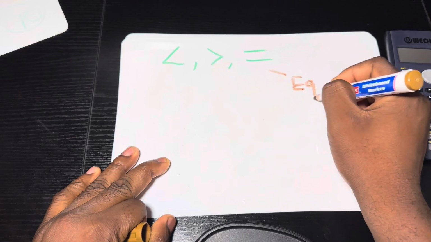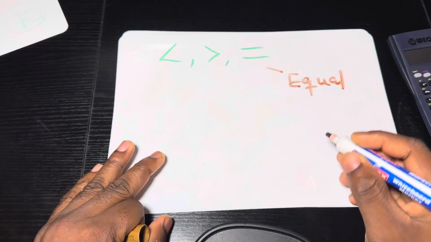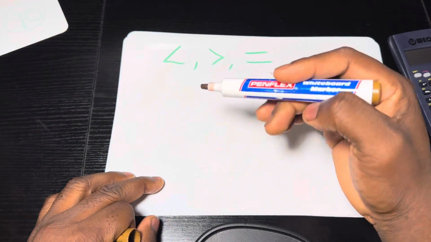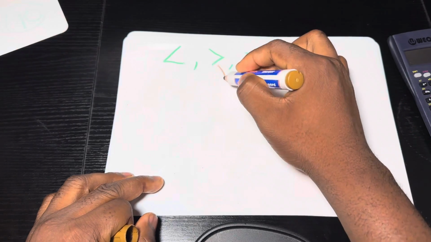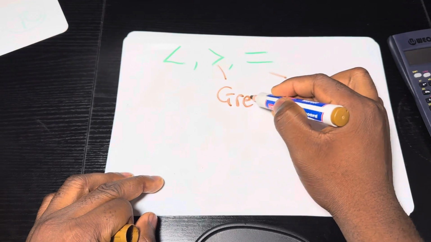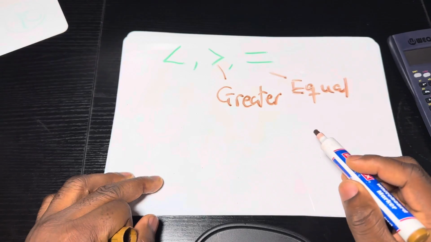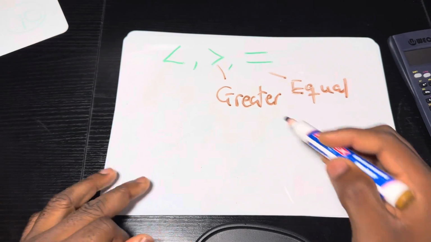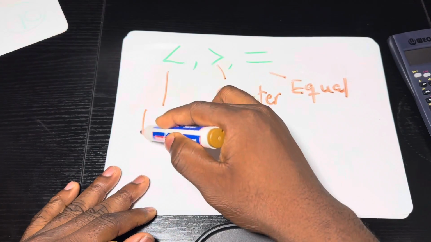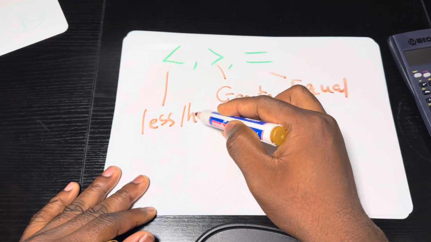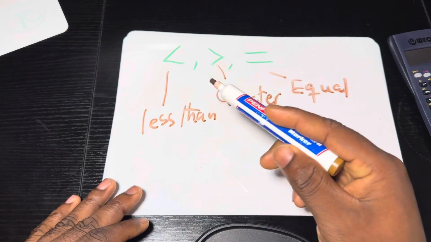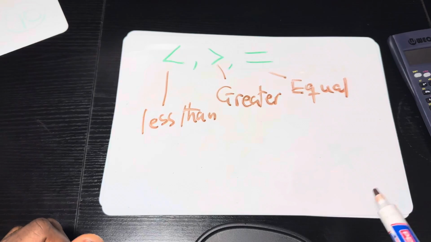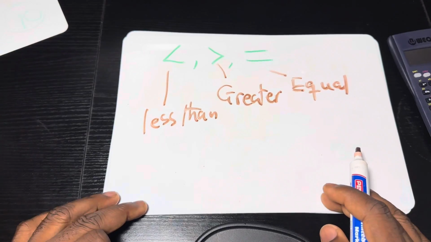So that is the equal sign, and the crocodile from the right hand side is the greater than, and when the crocodile is moving from the left hand side, that is the less than. So we're going to use these three signs to compare fractions.